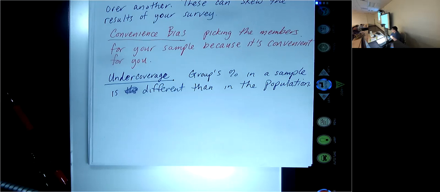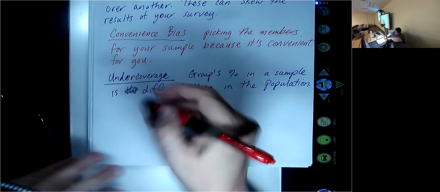A lot of people align with either Republican or Democrat, but there's still a good 5 to 10% of Americans that are spread across other groups, the Green Party, the Libertarian Party. There's other groups, I can't think of the names. So a good 5 to 10% of the people are not in one of the two major groups. And yet often when you poll people, you get predominantly Republicans and Democrats, and unless you ask enough people, you may not get any independent party people. So they're getting no coverage. They're completely undercovered because they're not covered at all. You're not getting their opinion at all when you're asking political things.